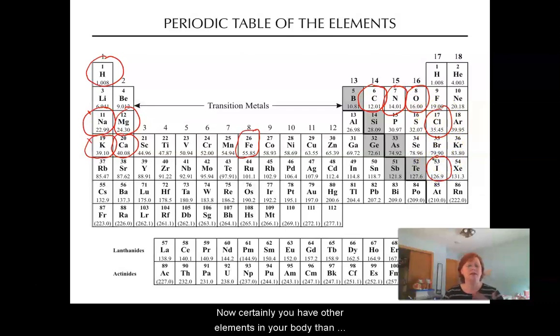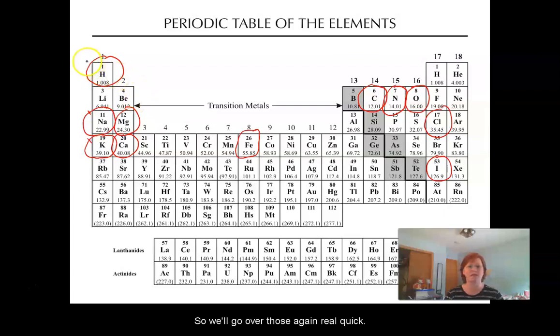Now, certainly you have other elements in your body than these, but for these particular elements that I've circled, know their name, know their symbol, which is the letter or combination of letters in the middle. So we'll go over those just again real quick. We've got hydrogen, sodium, magnesium, potassium, calcium, iron, carbon, nitrogen, oxygen, chloride, and iodine.